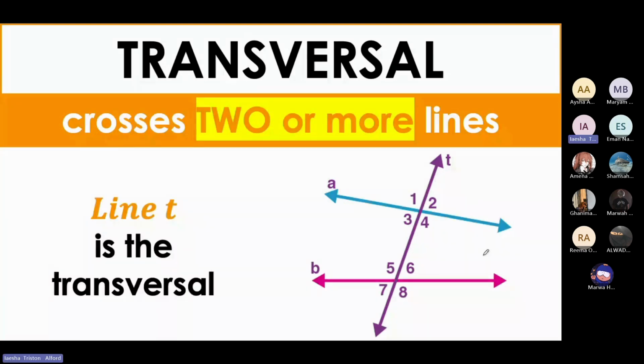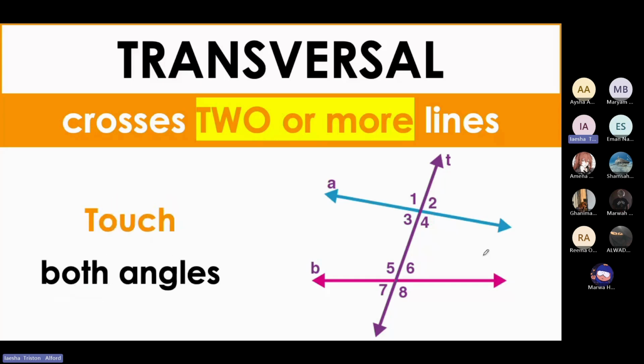Line T is the transversal. It is crossing line A and it is crossing line B. That is how you know what is the transversal, the one that's crossing. Another way to think about the transversal is the one that should be touching both angles. Everybody's fine?